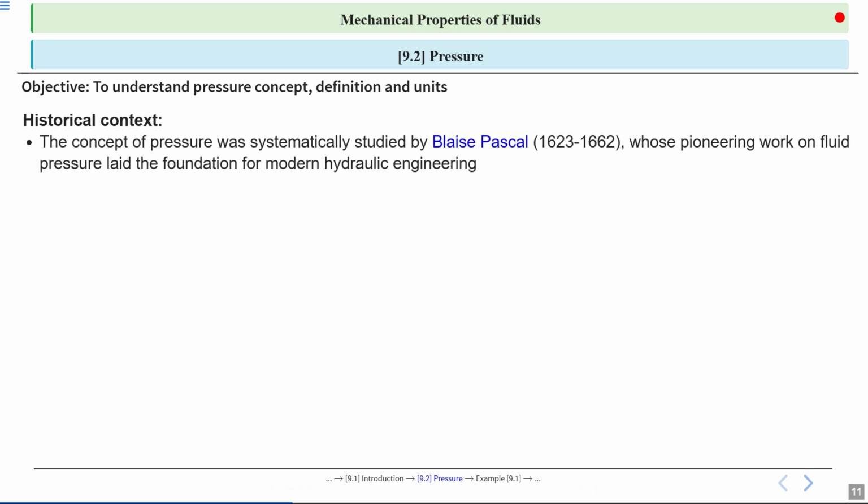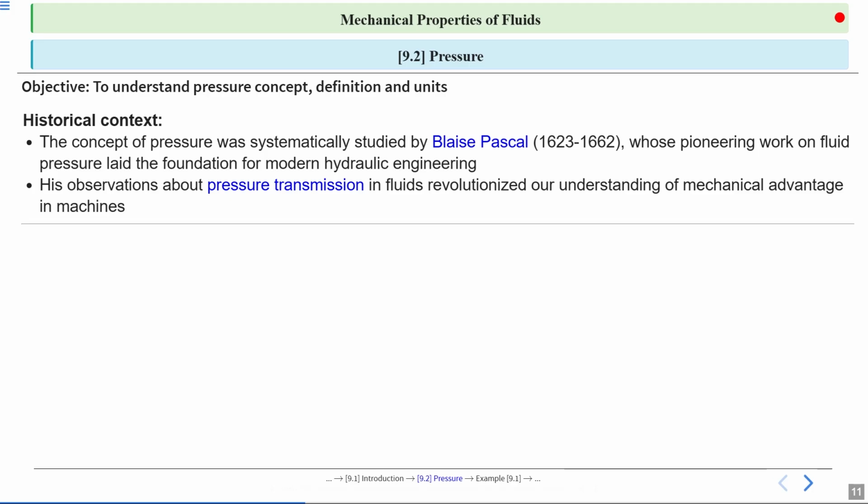So the concept of pressure was systematically studied by Pascal, 1623 to 1662, whose pioneering work on fluid pressure laid the foundation for modern hydraulic engineering. His observations about pressure transmission in fluids revolutionized our understanding of mechanical advantages in machines.